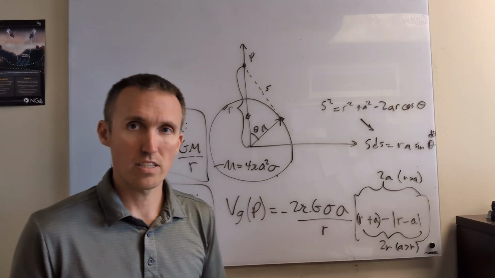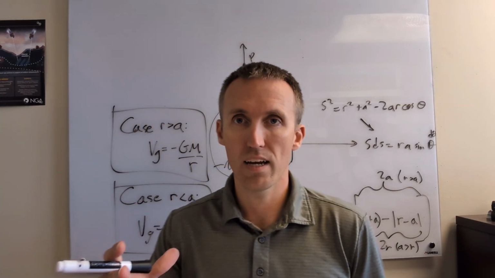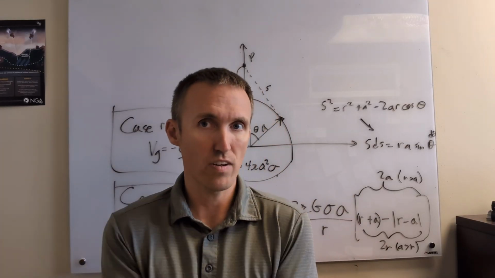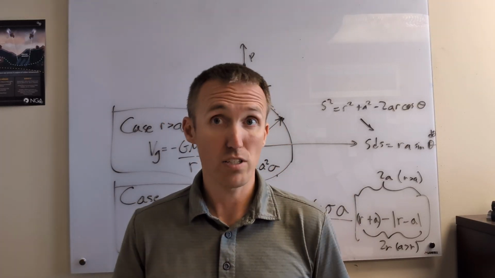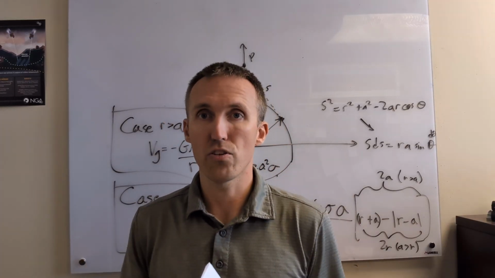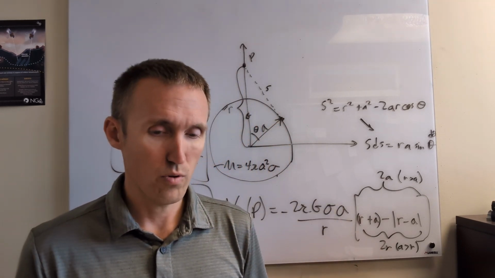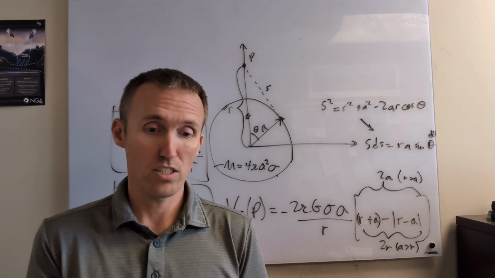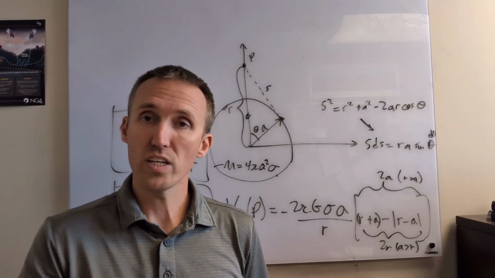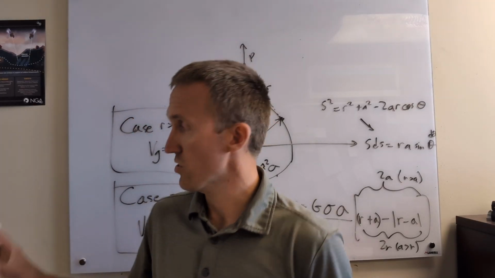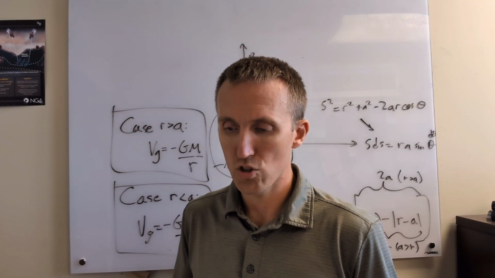One of the corollaries is that if we can model our body as a spherically symmetric body, for example, a layered sphere like the Earth, so the Earth has inner core, outer core, mantle, crust, we can decompose that body into shells, and then this applies to each one of those shells.